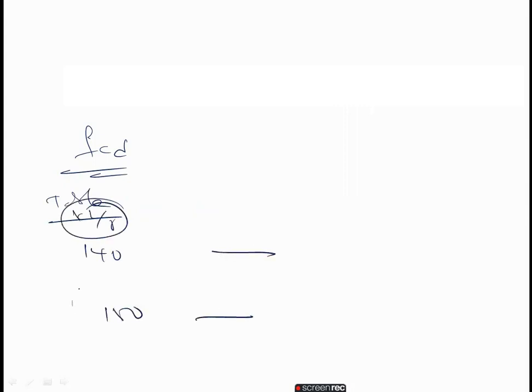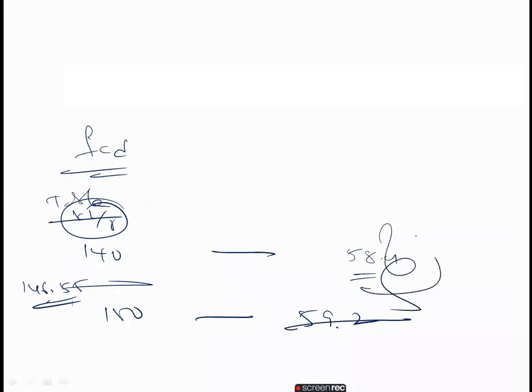For 150 it is 59.2, and for 140 it is around 58.4 or 58.2 like that. If you interpolate these two, you will get the FCD value 54.6 Newton per mm square.